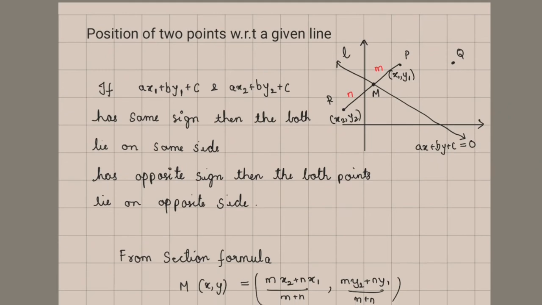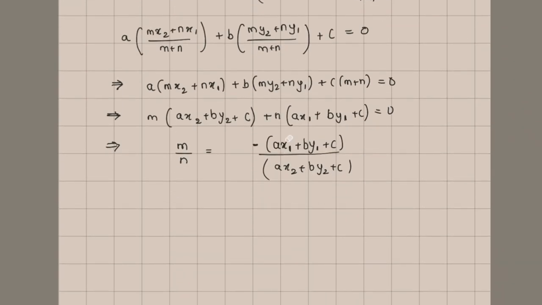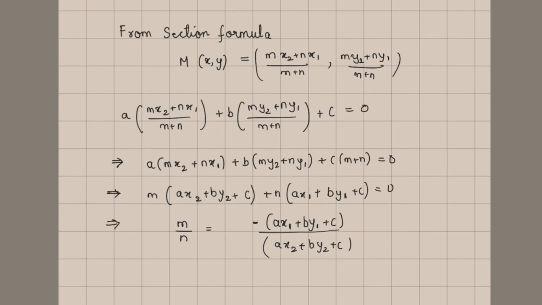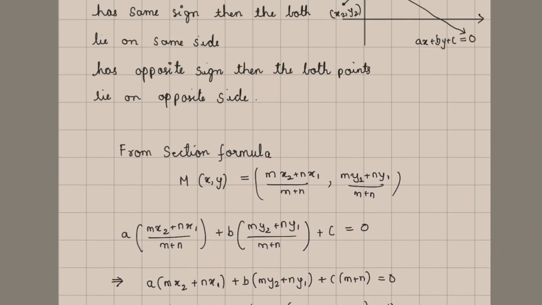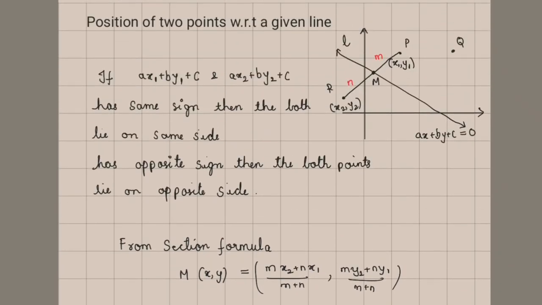If these two have opposite sign, the ratio is negative, and this negative and the numerator's negative get cancelled, and then we get m by n as positive. So that divides internally. What does it mean by internally dividing the line joining PR by the line L? Which means those two points are on the opposite side. If the line divides segment PR internally, these two points are on the opposite side.